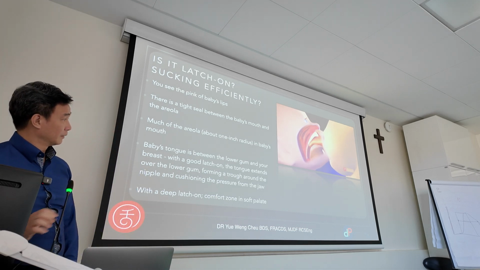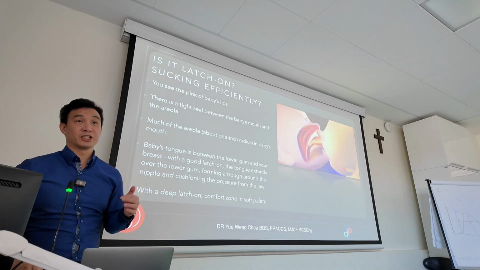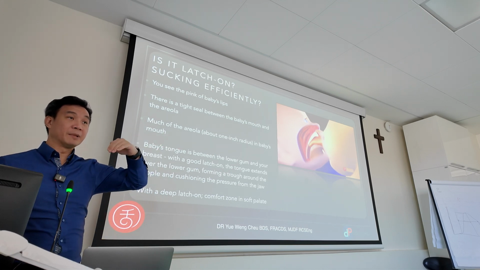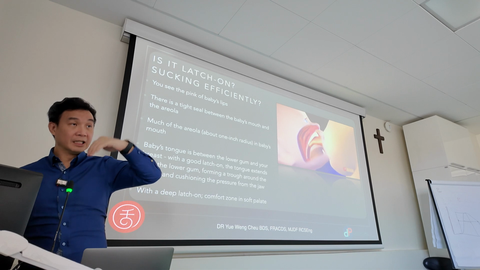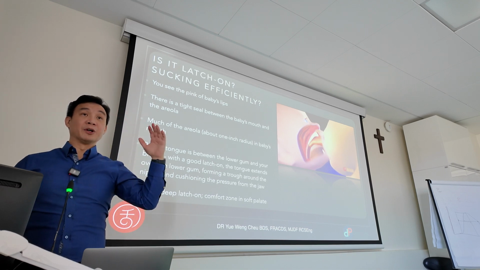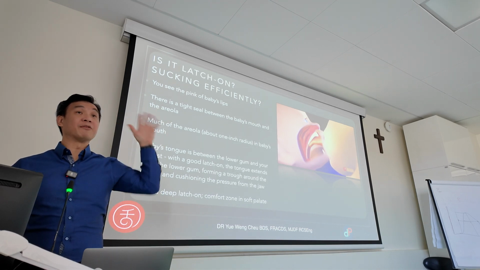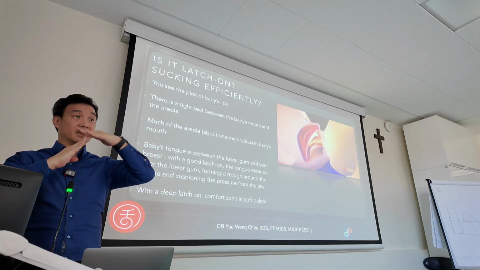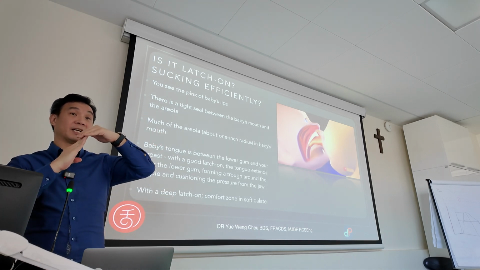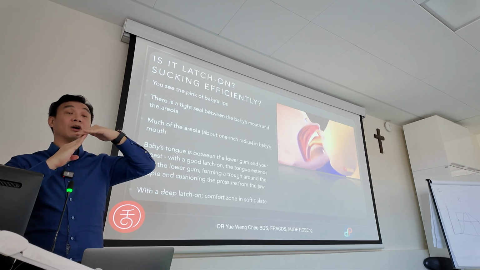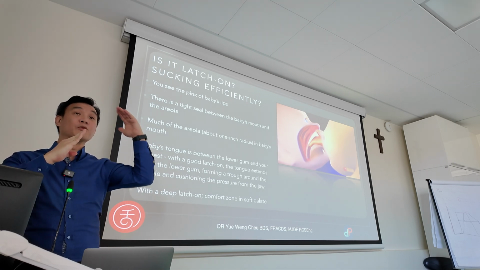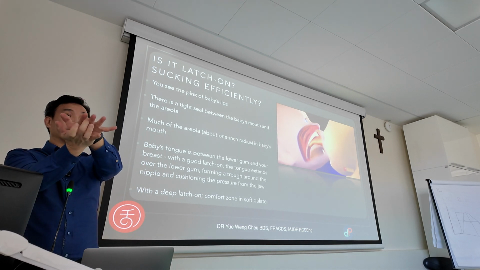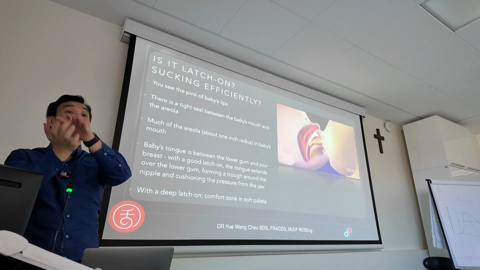So for a good latch, you want the breast to go deep in. Then the baby can lift the tongue, extract the milk, right? And everything is comfortable. But if the tongue is tight and restricted, the baby can't lift the tongue that effectively or isolate the whole movement. So what the baby will do is that as they lift the tongue, they lift the lower jaw.